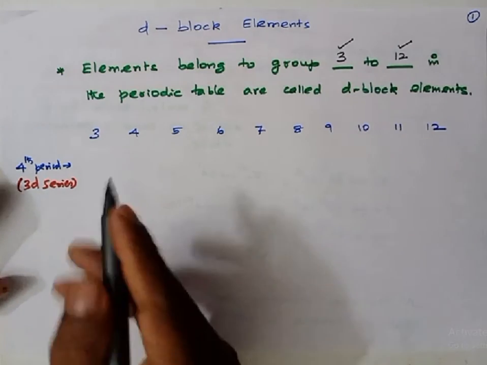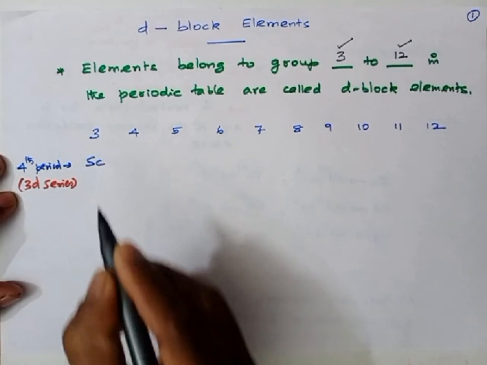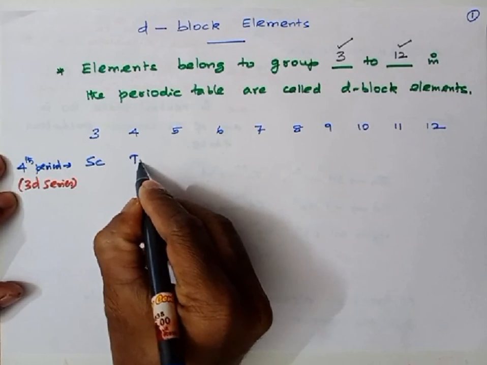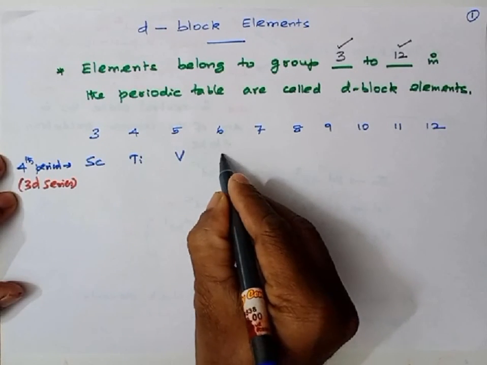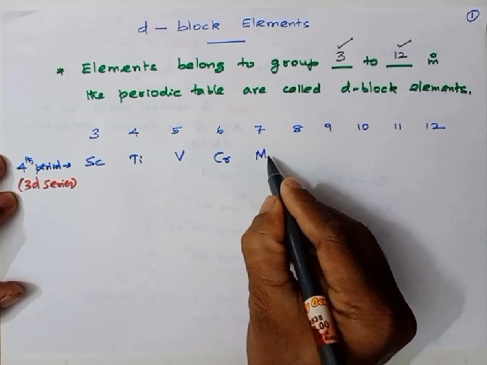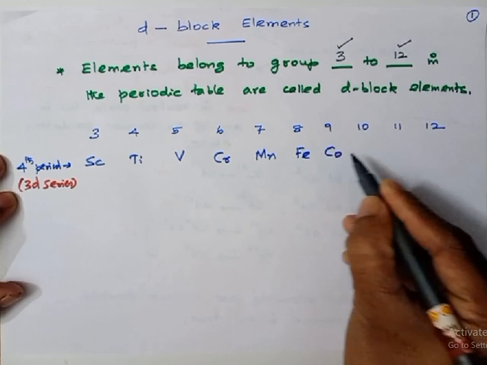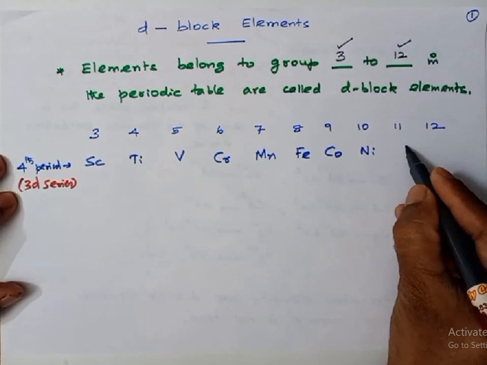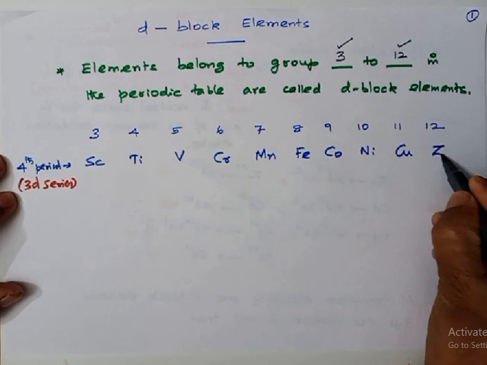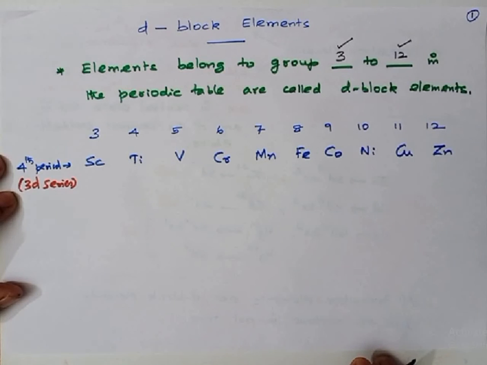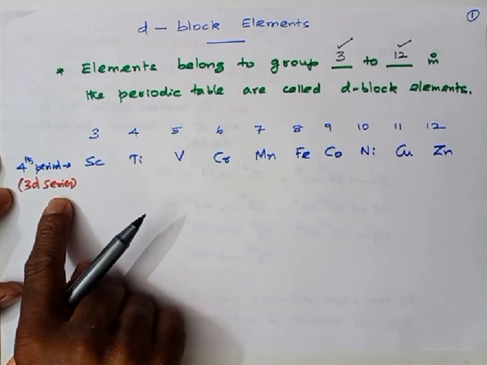The elements are scandium, titanium, vanadium, chromium, manganese, iron, cobalt, nickel, copper and zinc. These are the elements present in the 3D series.